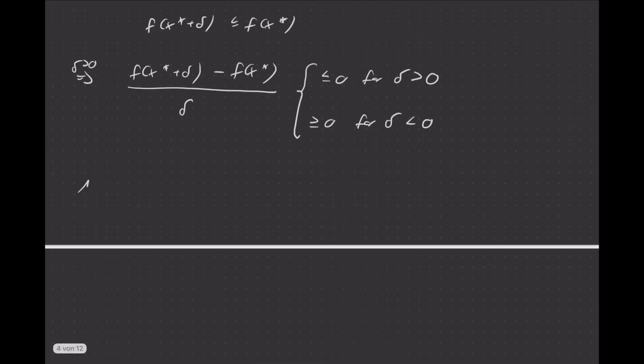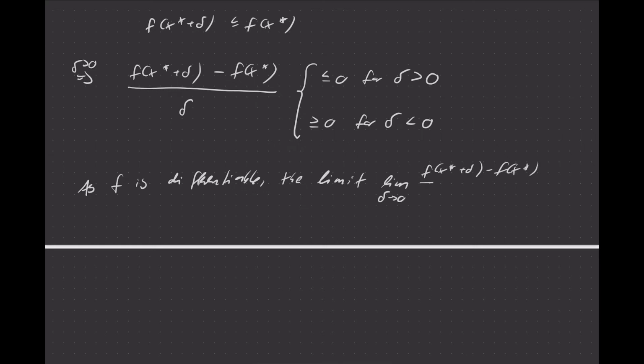So as f is differentiable, the limit of this expression for delta to 0, f of x star plus delta minus f of x star divided by delta, exists and is equal to, well, just the derivative of f at the point x star.